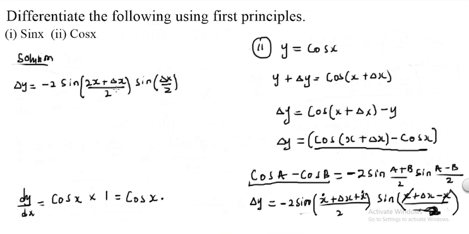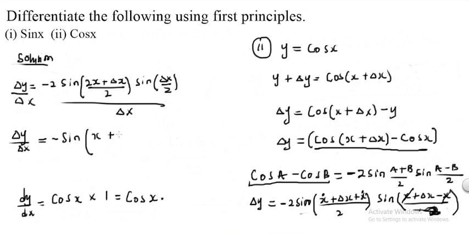So now that we have simplified everything, we can divide both sides by delta x. This can be written as delta y over delta x is equal to, now like we did before, we can move this 2 down and then simplify this bracket. So if we do that, we have minus sin((x plus delta x) over 2).